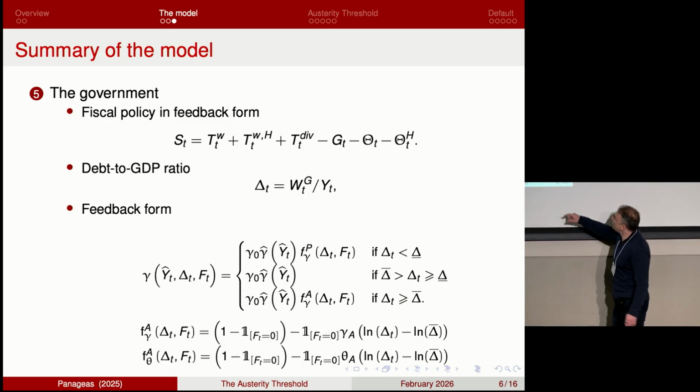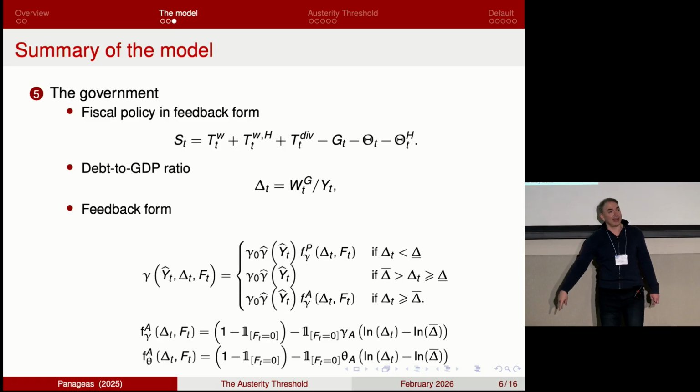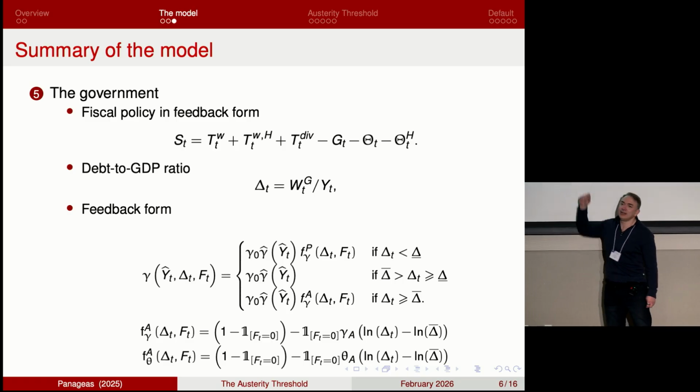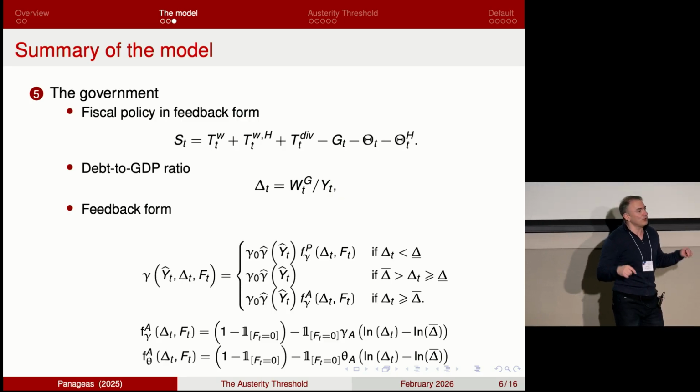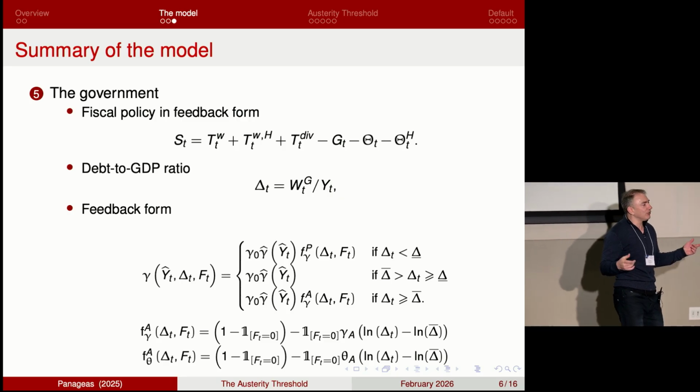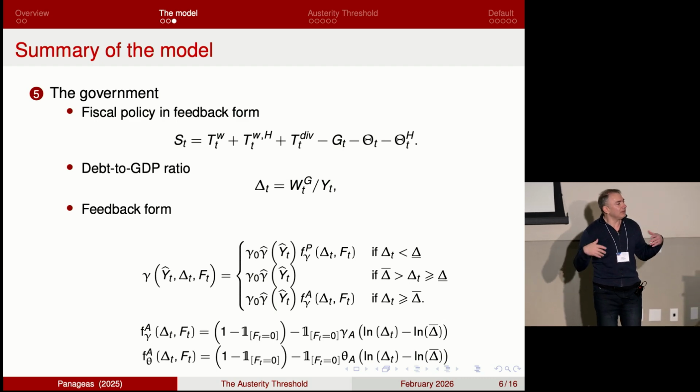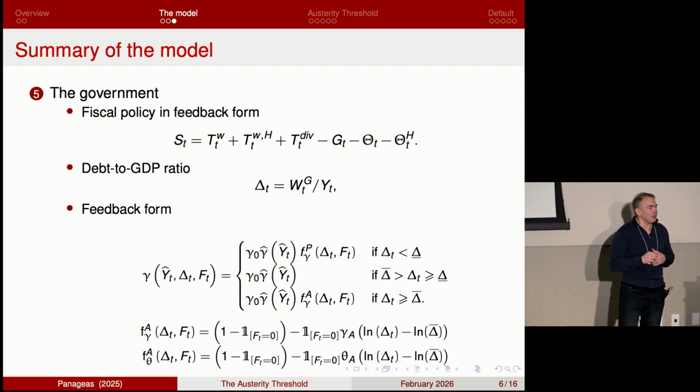Now, what do these functions do? These functions f basically either start raising taxes or start reducing government expenditure and transfers the minute the debt to GDP goes above a certain level.